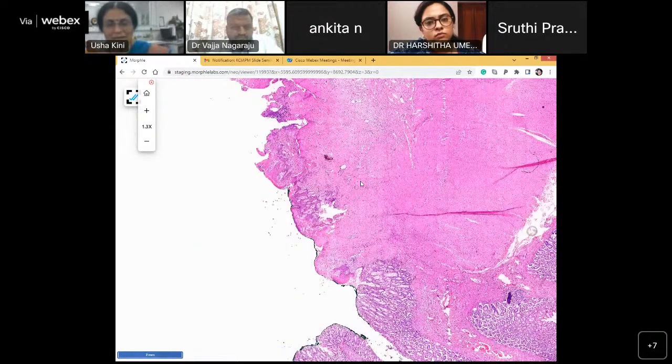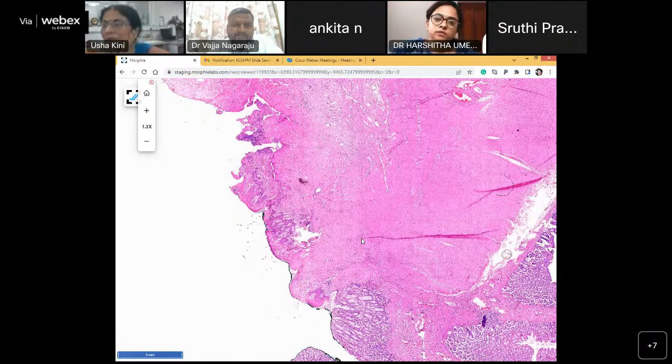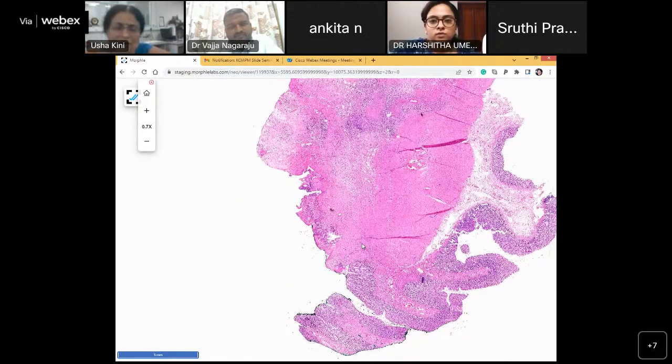But you know why? One more step I need to say is that if this were from anywhere else, you could have colon abutting on the skin. Just think, Nagaraju, whoever had acute intestinal obstruction and needs immediate surgery is wheeled into the OT, and they do an exploratory laparotomy.